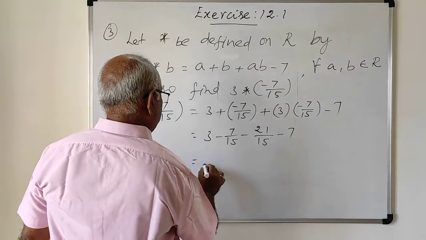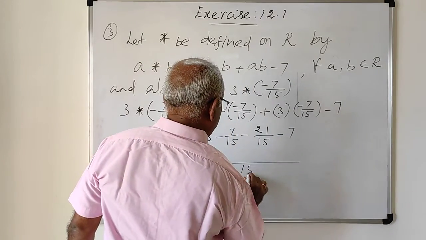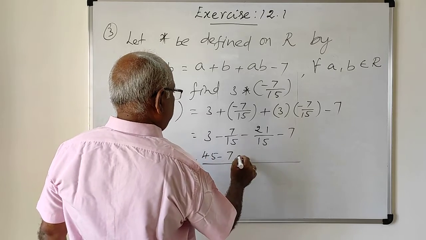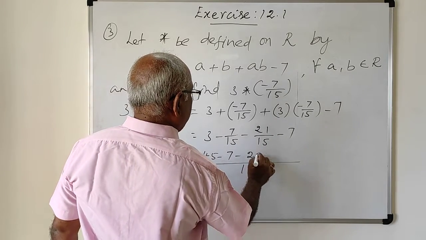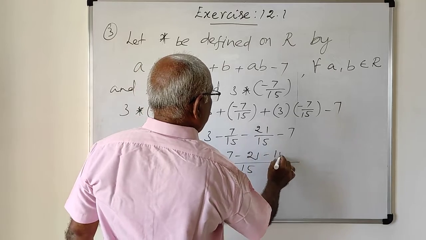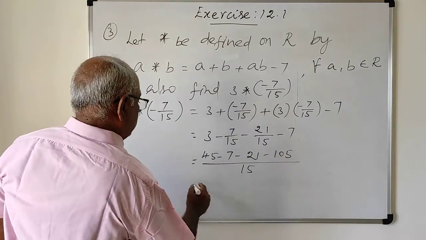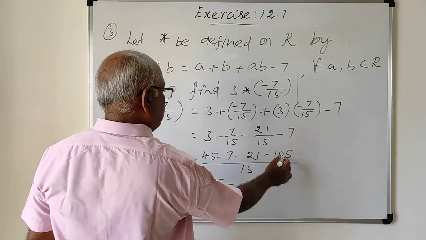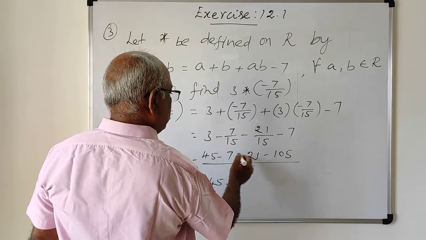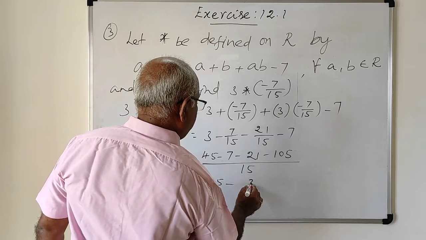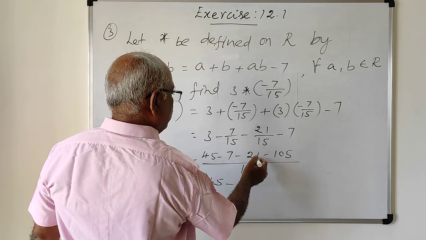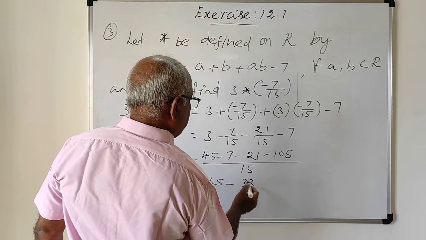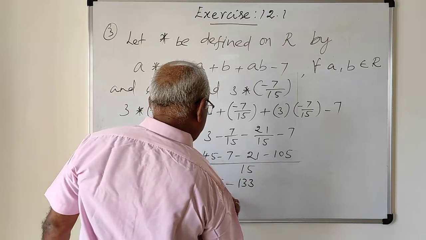You will take the LCM for all these things, that is 15. 3 15s are 45, 1 into 1 is 1, minus 21, minus 15 sevens are 105. So this is positive 45, and the negatives add up to minus 133 by 15.